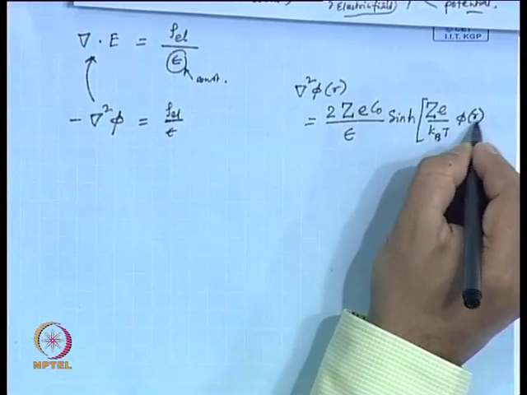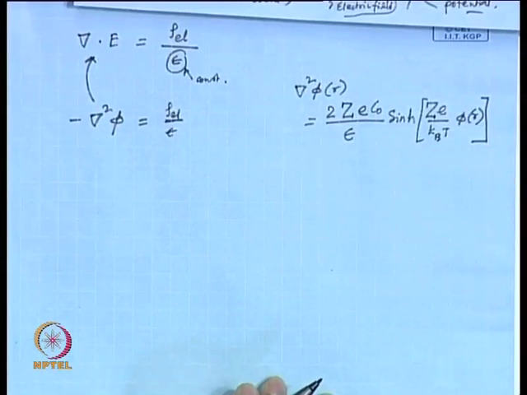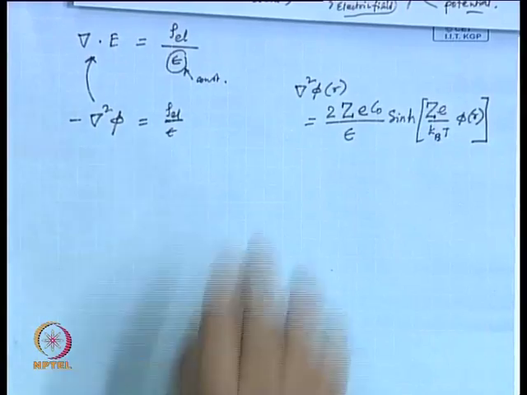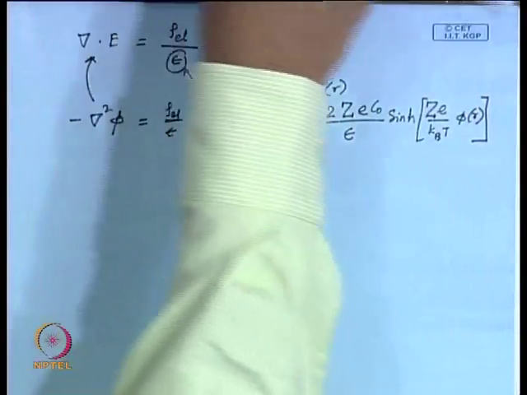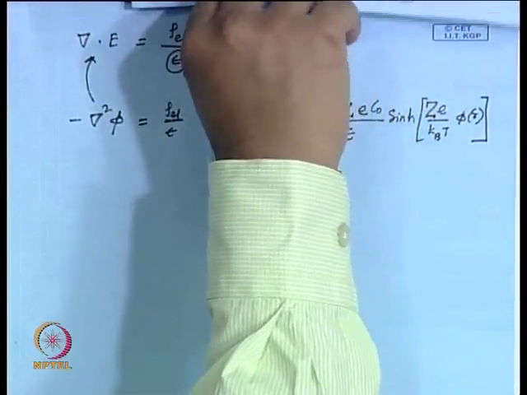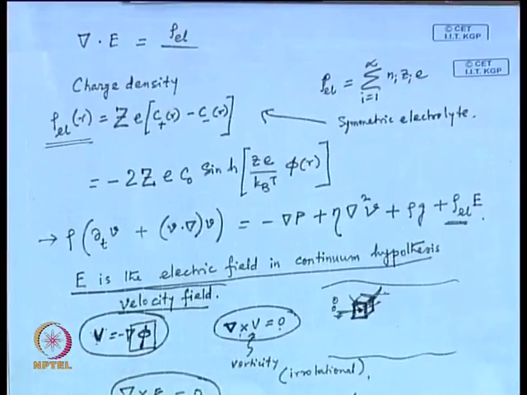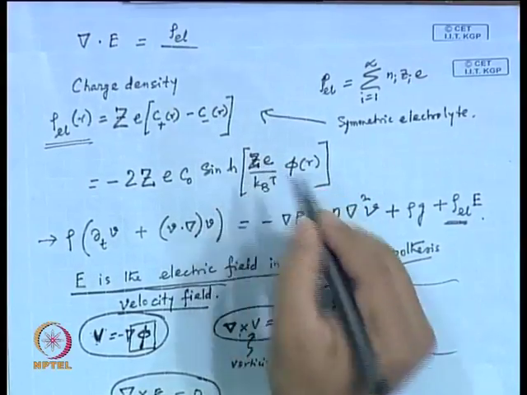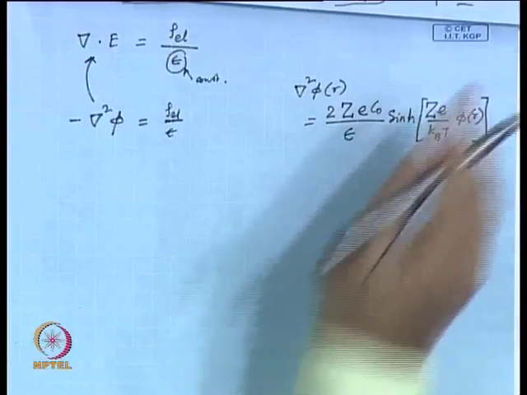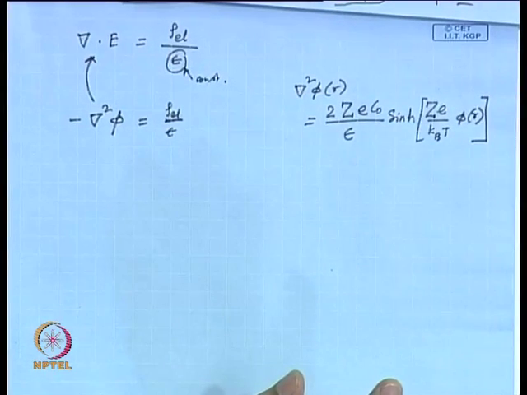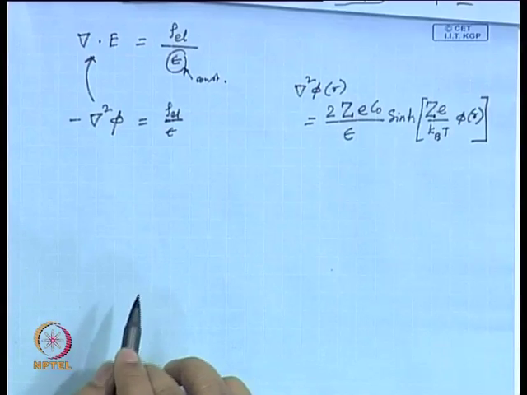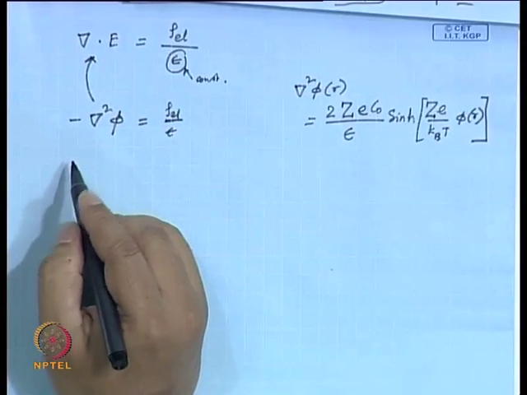So, that is what you get for del square phi of r.